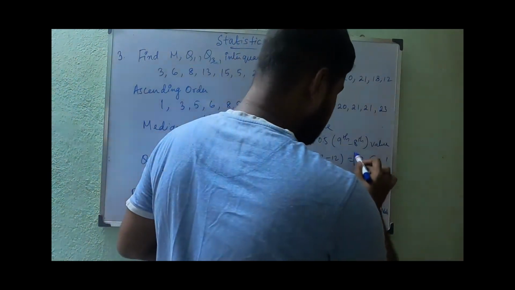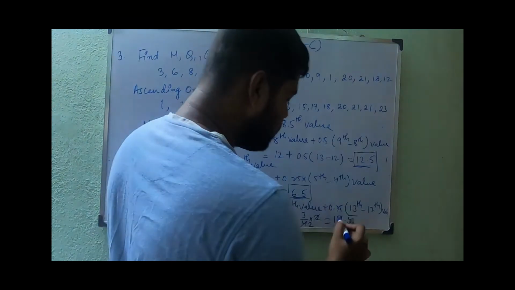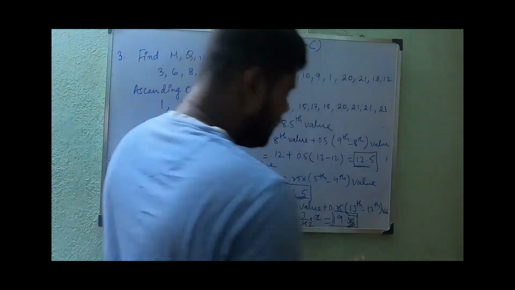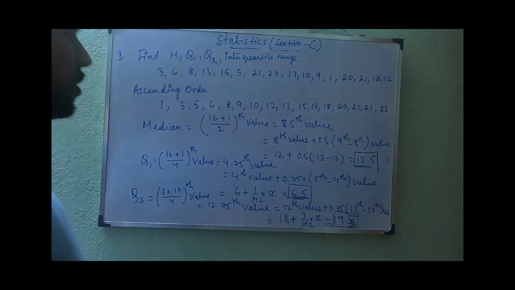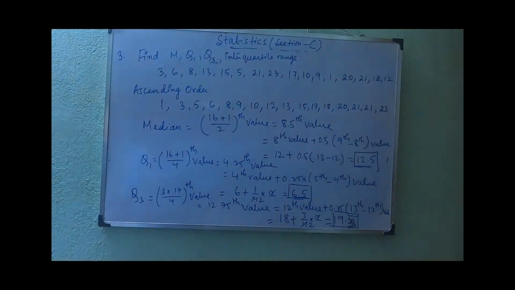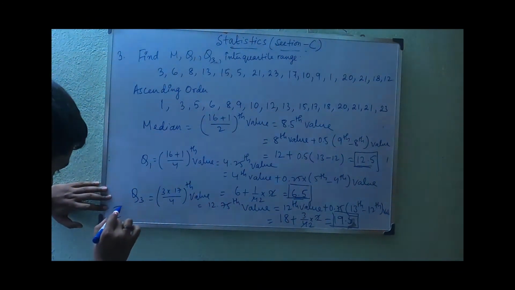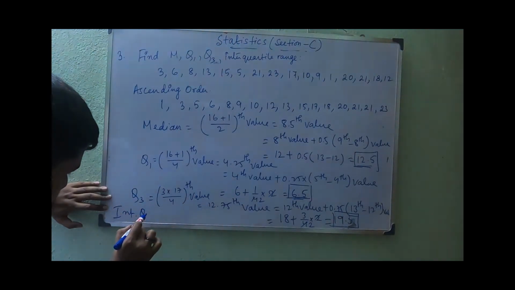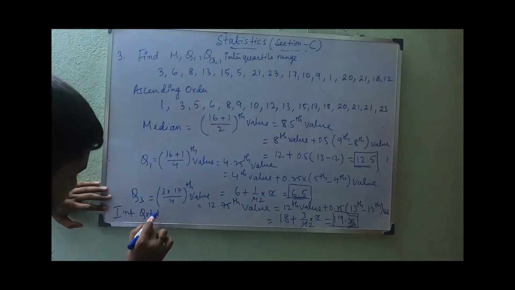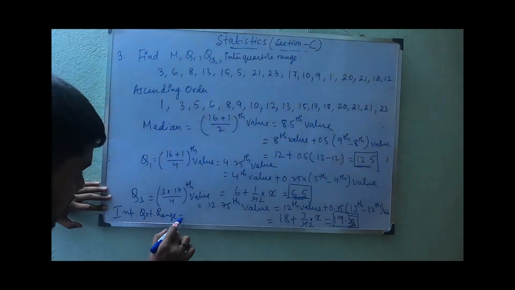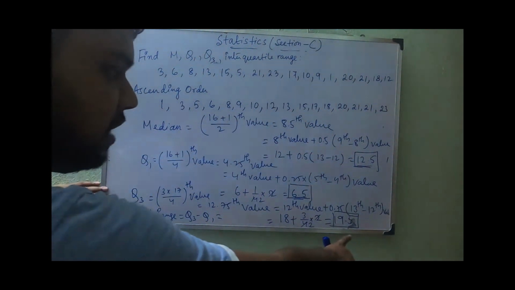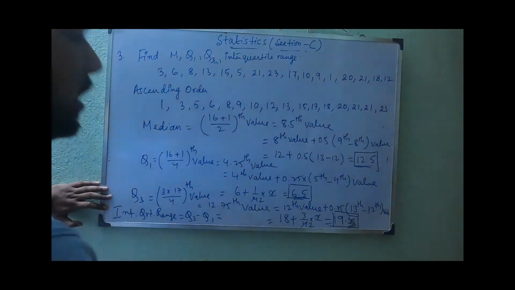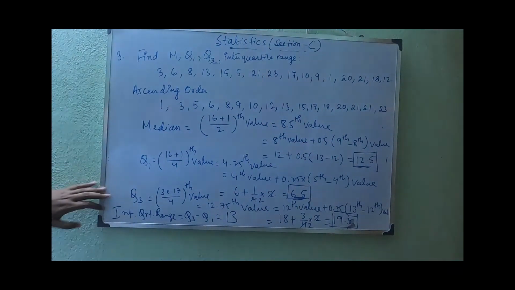This is median, this is Q1, this is Q3. Now interquartile range means Q3 minus Q1. So I don't have a place to write, so interquartile range, that is Q3 minus Q1, 19.5 minus 6.5, that is 13.